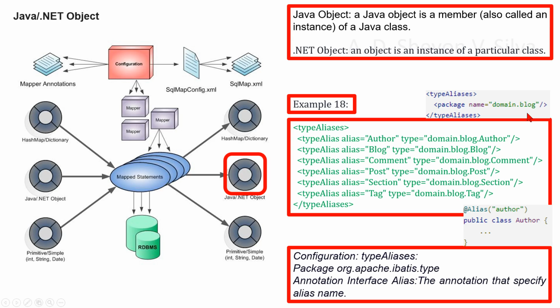That is, domain.blog.Author will be registered as author. And if the Alias annotation is found, its value will be used as the alias. See the example below.